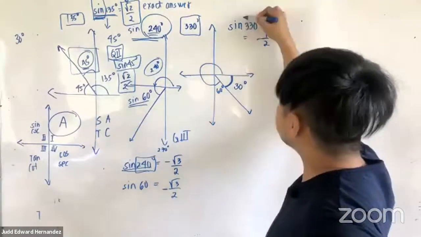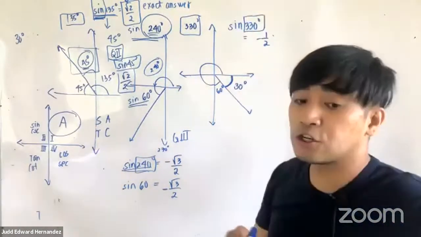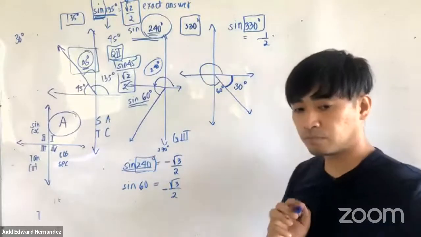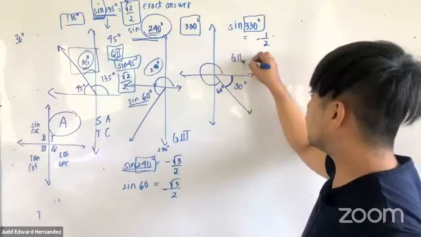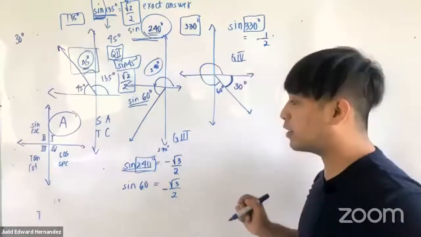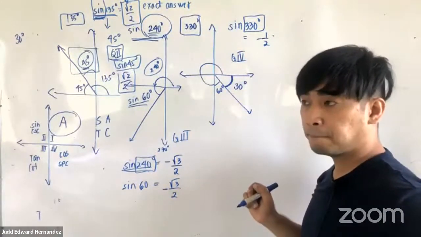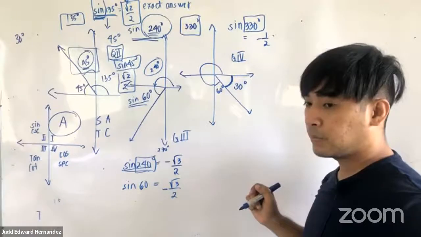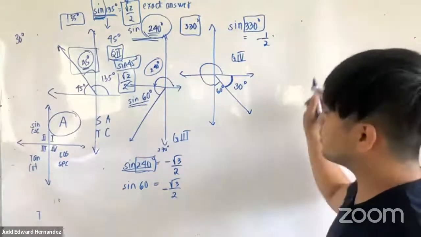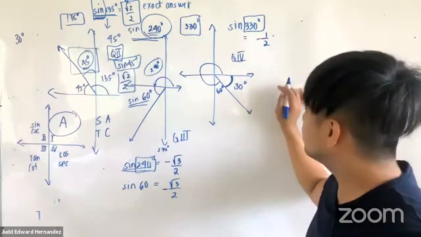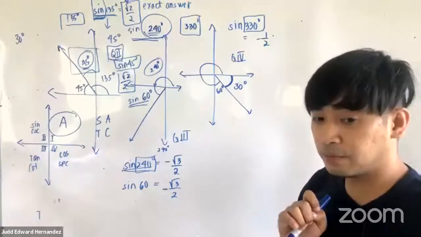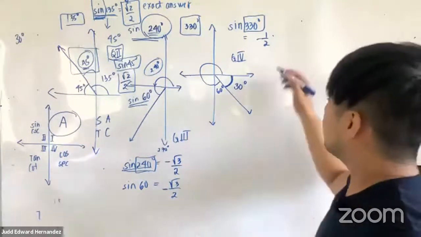Saan po nag-fall si 330 degrees? Which quadrant? Quadrant 4. Positive po ba si sine sa quadrant 4? Hindi po. Negative. Okay.